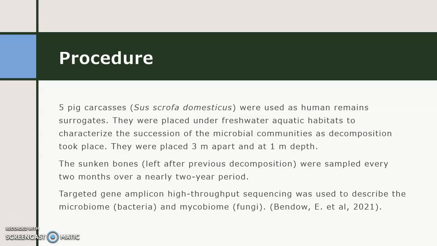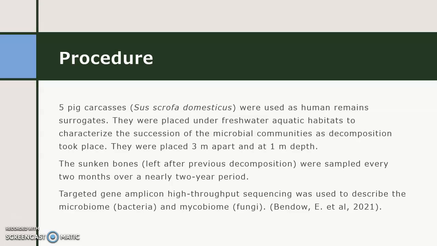This was their procedure. So they took 5 pig carcasses, so again, Sus scrofa domesticus, which were used as human remains surrogates. So they weren't going to use people, they used pigs. They were placed under freshwater aquatic habitats to characterize the succession of the microbial communities as decomposition took place.